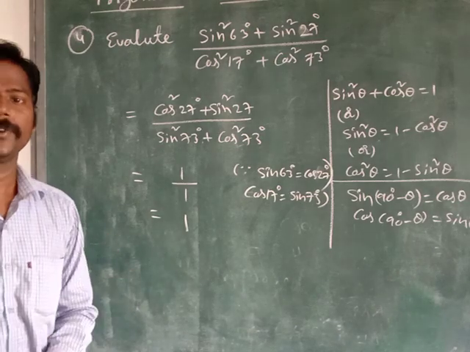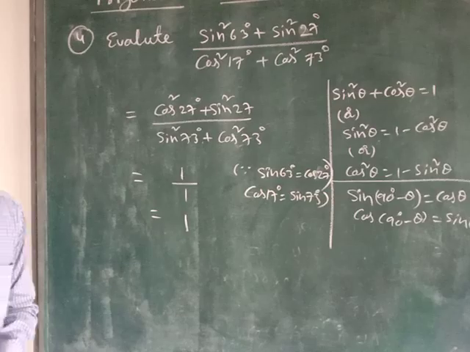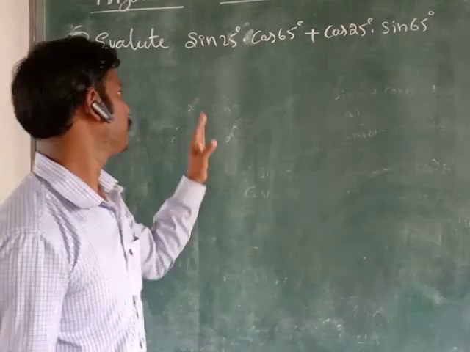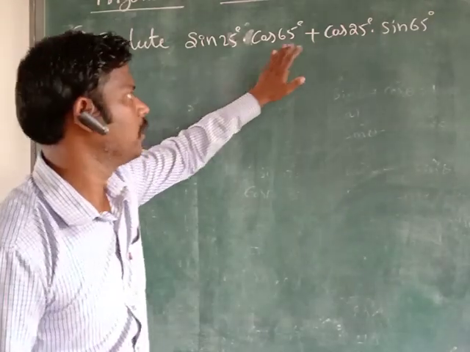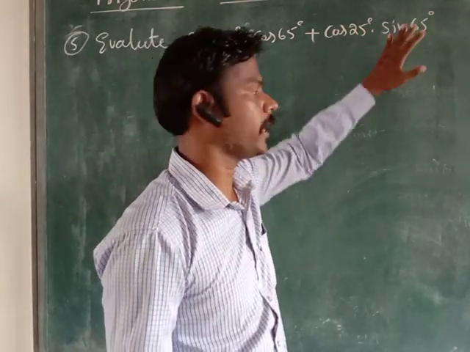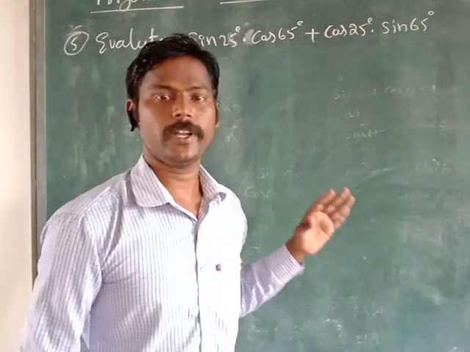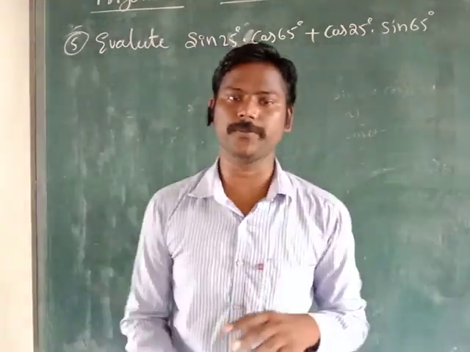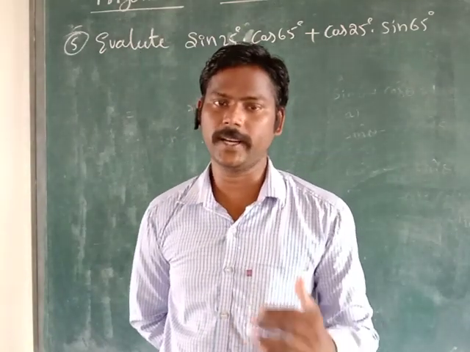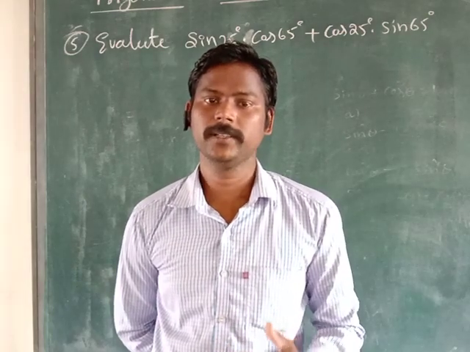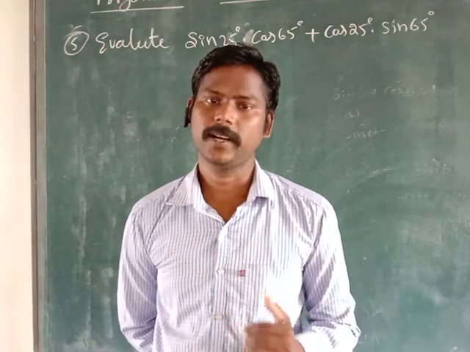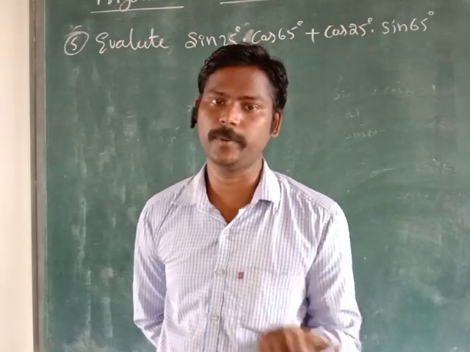Next we have the fifth question. Sin 25 degrees into cos 65 plus cos 25 degrees into sin 65. So when you solve this type of problem, first of all you remember trigonometric identities. Next, trigonometry for complementary angles and the trigonometric ratios table also.